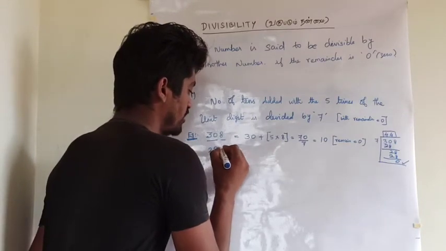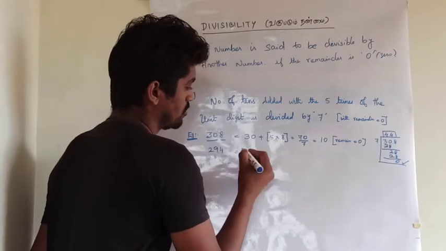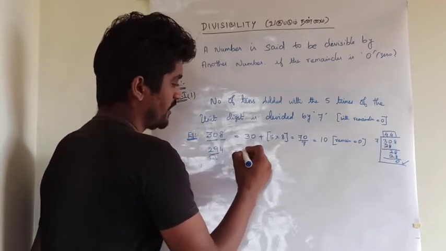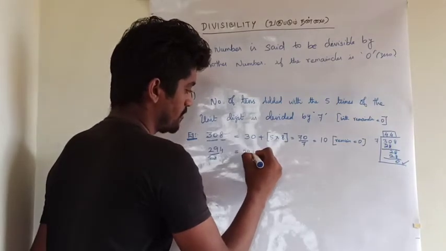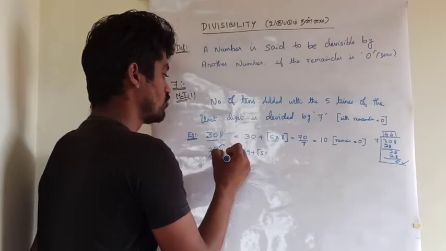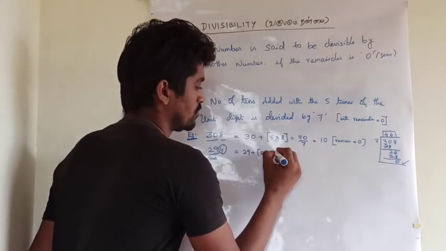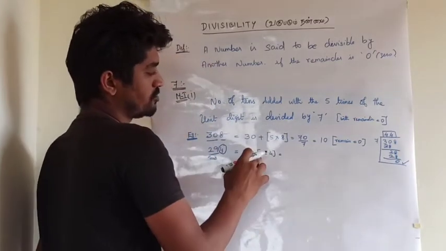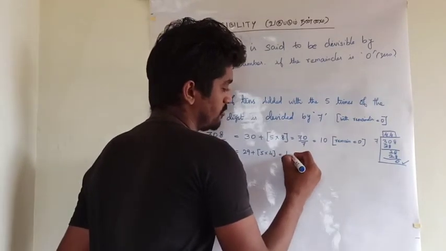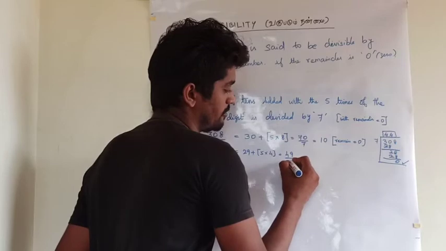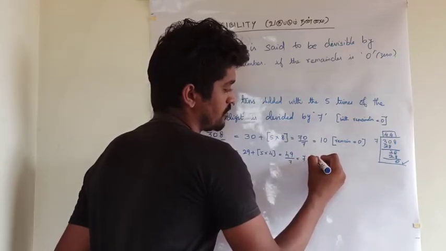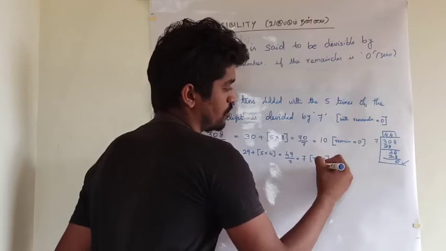Then 294. The number of tens is 29, plus 5 times the unit digit 4. 5 4s are 20. 20 plus 29 is 49. 49 divided by 7 is 7, remainder 0.